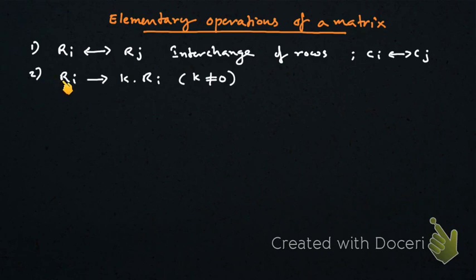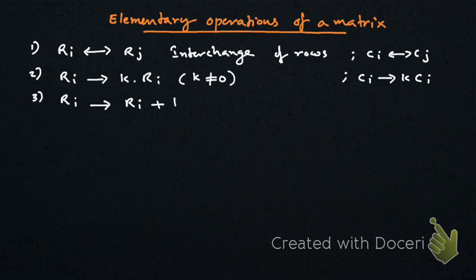So I could say R1 changes to 2 times R1, or R3 changes to R3 divided by 7. Any row can be multiplied by a non-zero number. Of course, the same thing is applicable to columns as well. I could say C2 changes to 3 times C2.